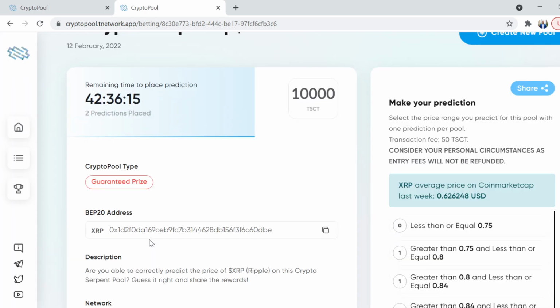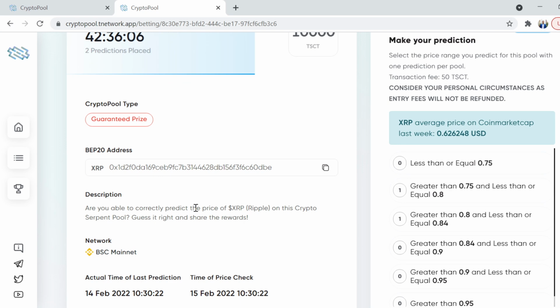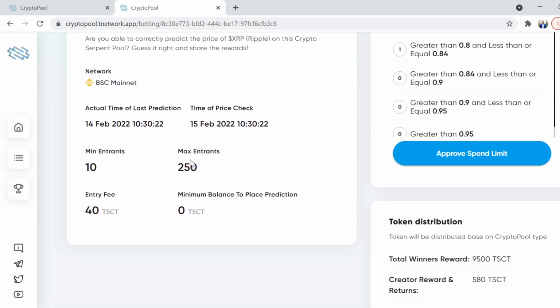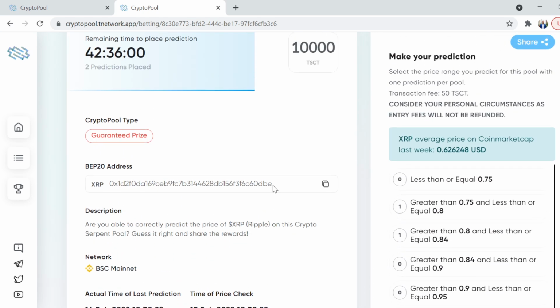You can click on the little arrow and get into it. Once you're in, you can see that it's a live one. You can see how much time is remaining on it. Two predictions have been placed at the time of making this video. It's a guaranteed price pool. You can see where the token address and everything is, how many entrants, how many minimum entrants. And so basically, what will the price of XRP be 42 hours and 35 minutes from right now?